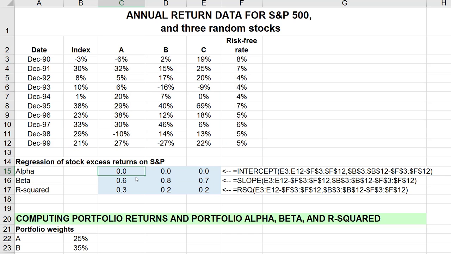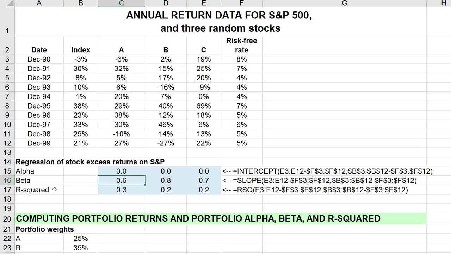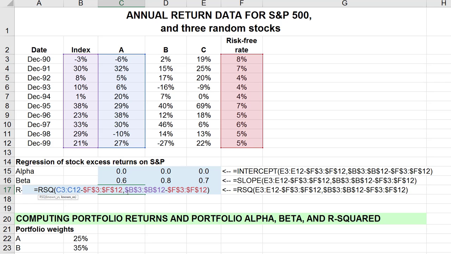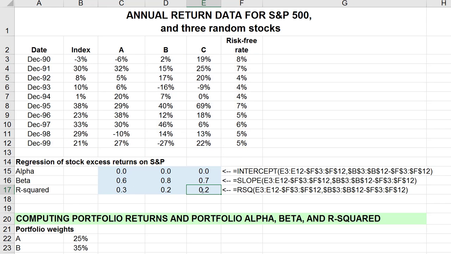And then we've got the beta, which we calculated by the SLOPE function in Excel, and we give the same parameters I used for alpha. And then we compute the R squared with the RSQ function of Excel, and we give the excess return of each stock for calculating R squared for each of them.